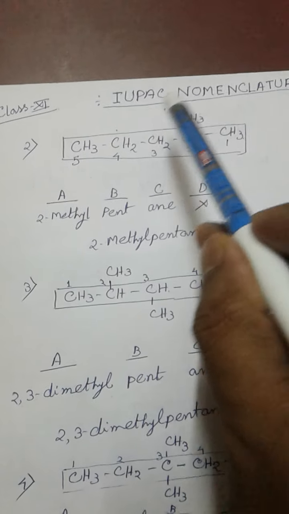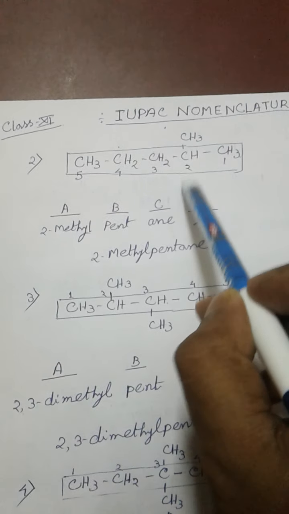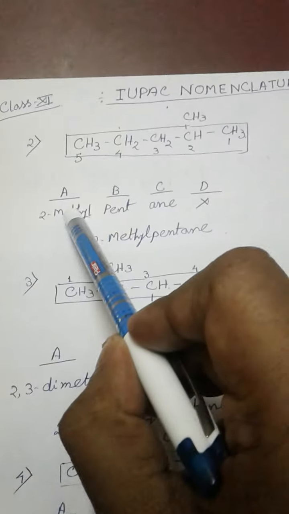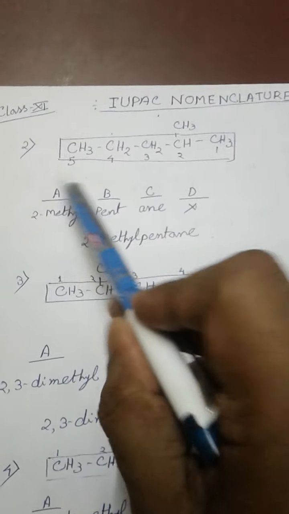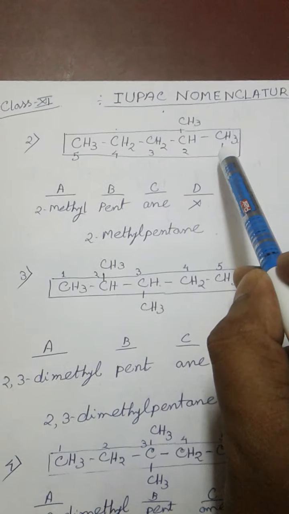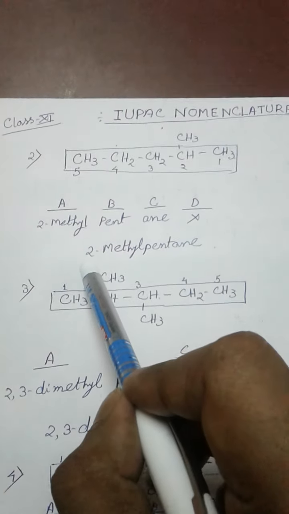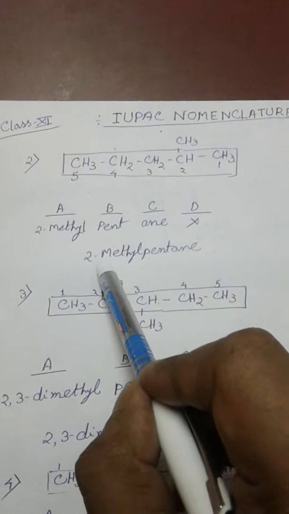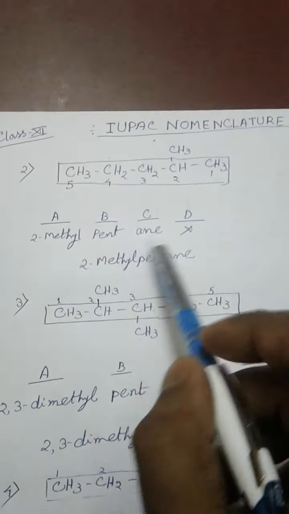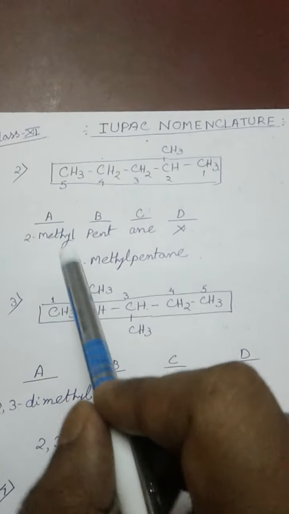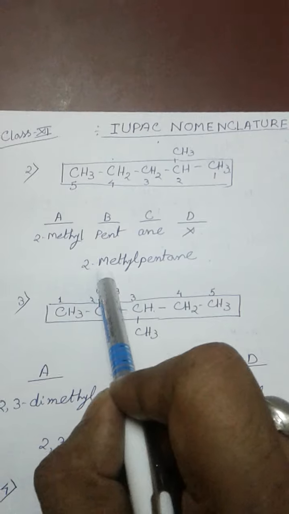So the methyl, that is the side chain, is joined with the second carbon of the main chain, so it is 2-methyl. So 2-methyl I write in the A position, and as the main chain has 5 carbons, this is pent, and all carbon bonds are single bonds, so it is ane. So the full name of this molecule is 2-methylpentane, and notice here there is no space or gap between the words, but a hyphen is present between the locant, that is the number, and the word.